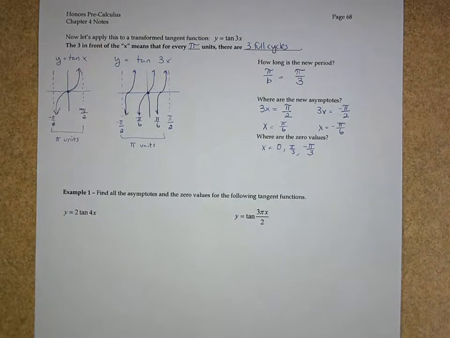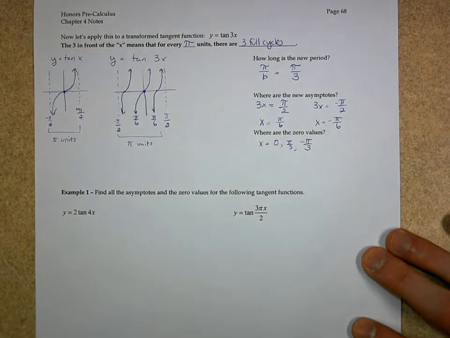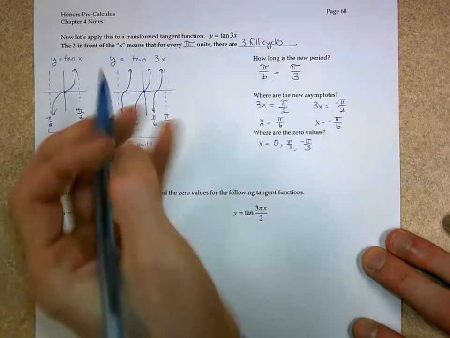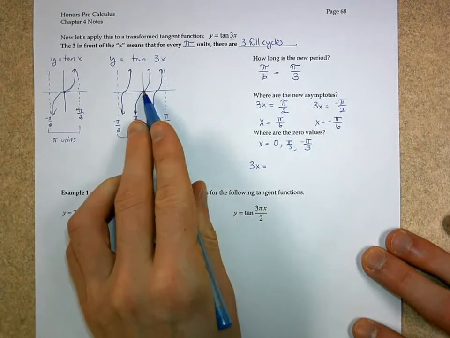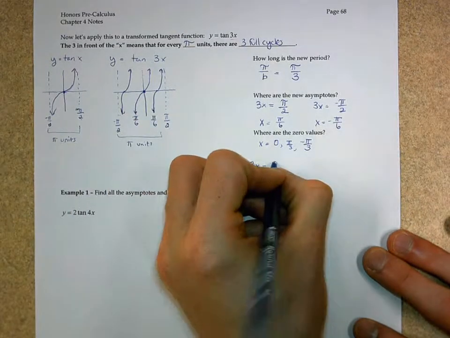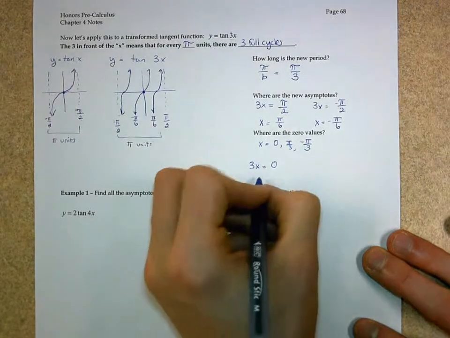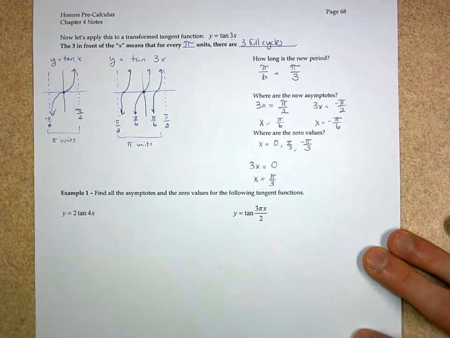Now, if you couldn't figure that out by looking at the graph, you can solve it algebraically. The way you would do that is you take your new tangent function, which would be 3x, and you set it equal to the original 0, which here was 0. Divide both sides by 3, and you get x equals 0.